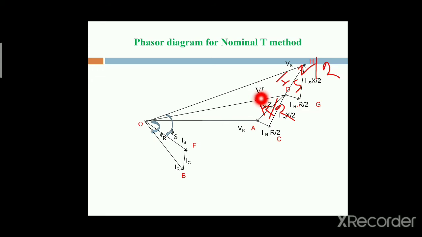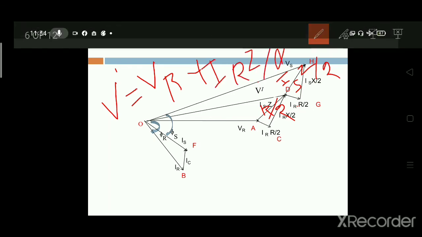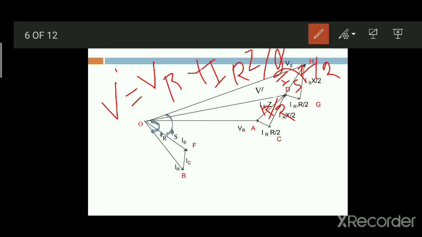Therefore, V dash is equal to VR plus IR Z by 2, by using this phasor diagram also.